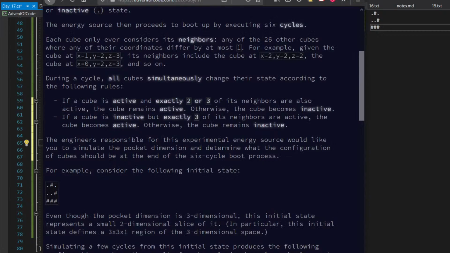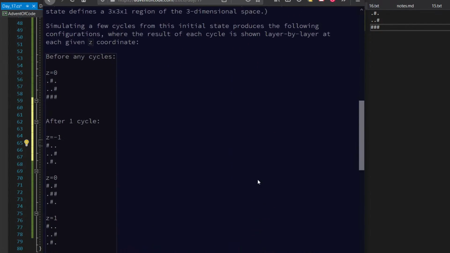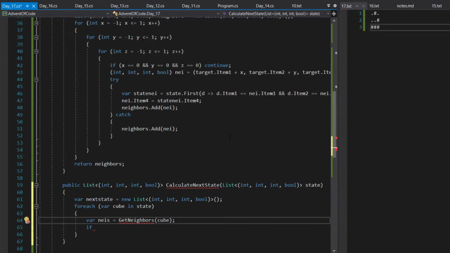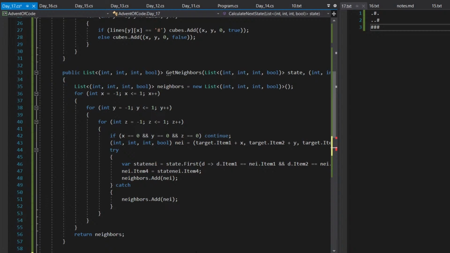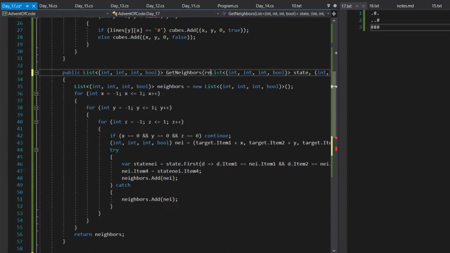And what do we do here? Now, yeah, this is the tricky part, because I need to add the new neighbors that aren't in state. So how about we do this? Let's pass in state as a reference.